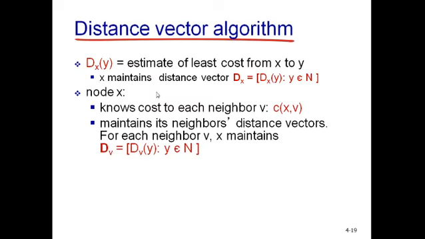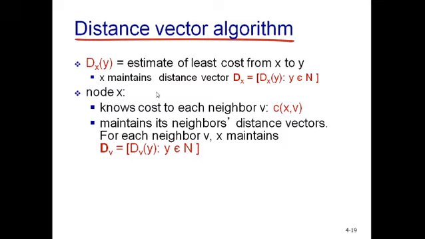So here dxy, as we all know, is the distance from x to y, the estimate of least cost from x to y. X maintains distance vector dx, which is dxy, y belongs to N. Node x knows the cost to each neighbor, that is what the distance vector is, which is c, the cost from x to v.